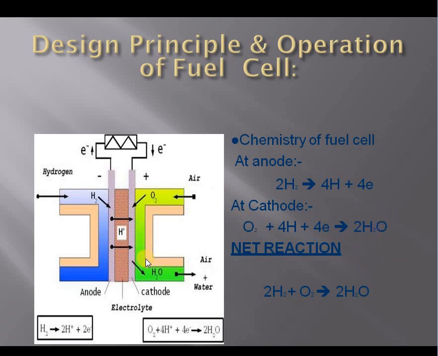So at cathode, water is being produced, and your energy is being forwarded to your load, that is, your load could be anything, your bulb or some storage point. So these fuel cells are actually continuous fuel cells. You can't store this energy. So you are using this directly to the load from the electrons being produced.